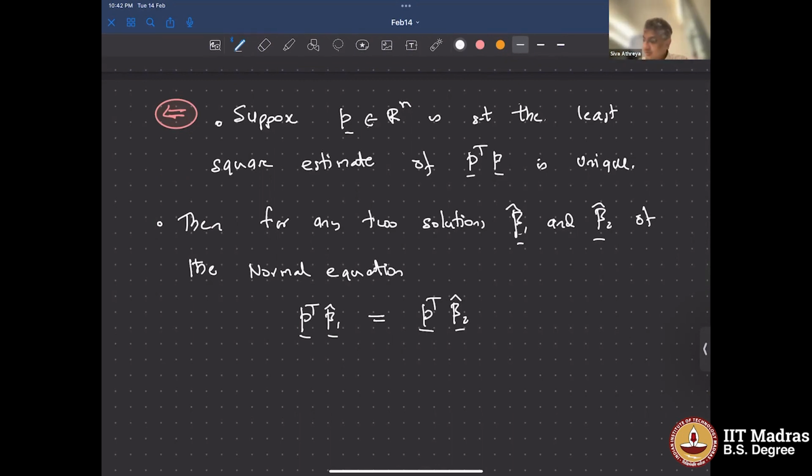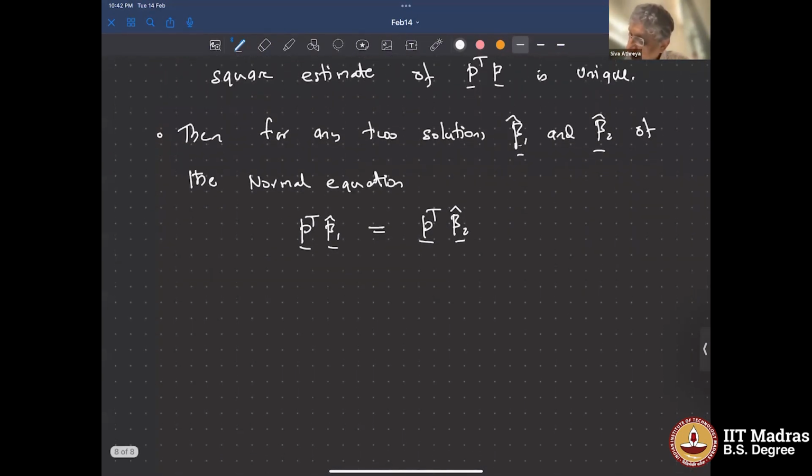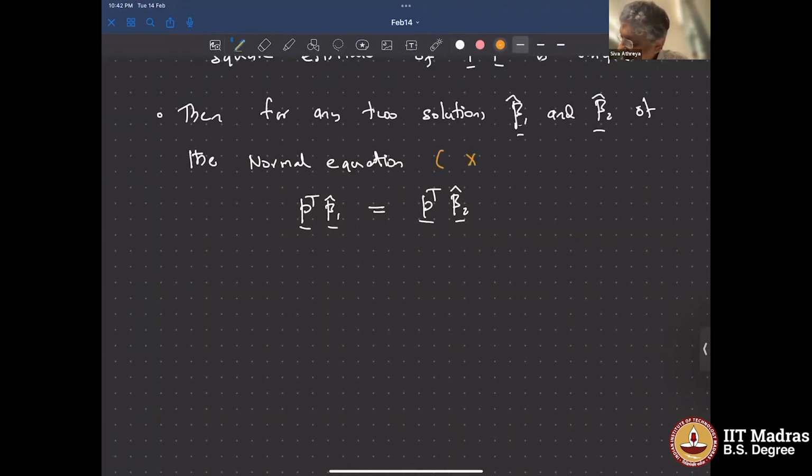Okay. So now we already know that the normal equations are what? X transpose X beta is equal to X transpose Y. That's what the normal equations solution means, right? So now this is a simple exercise to think about.